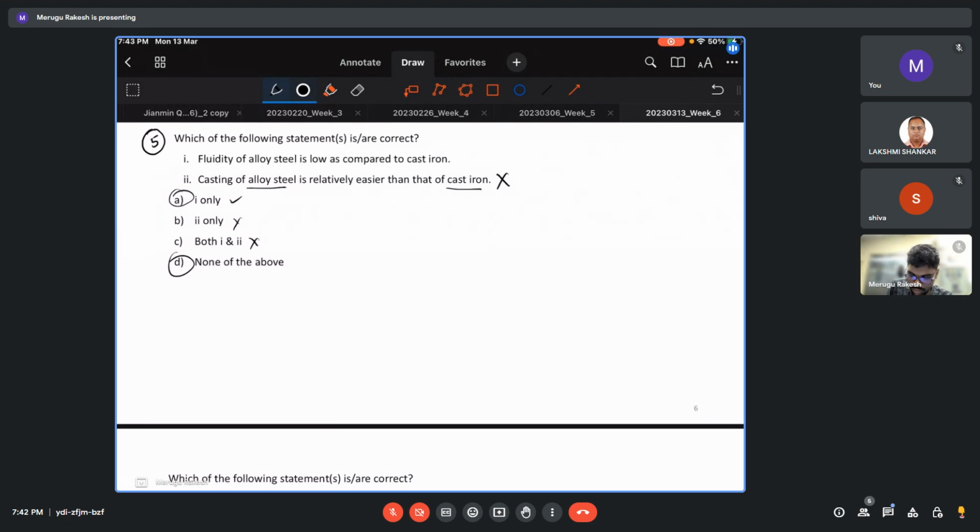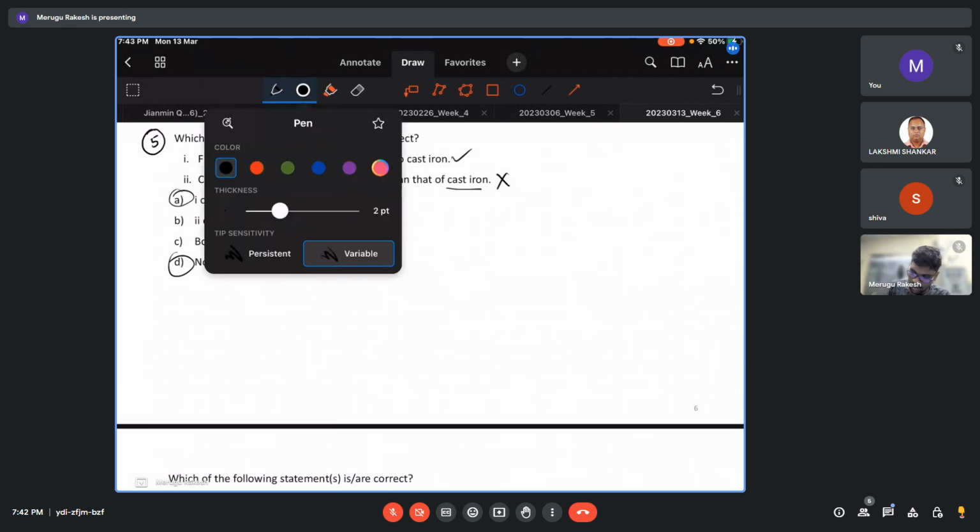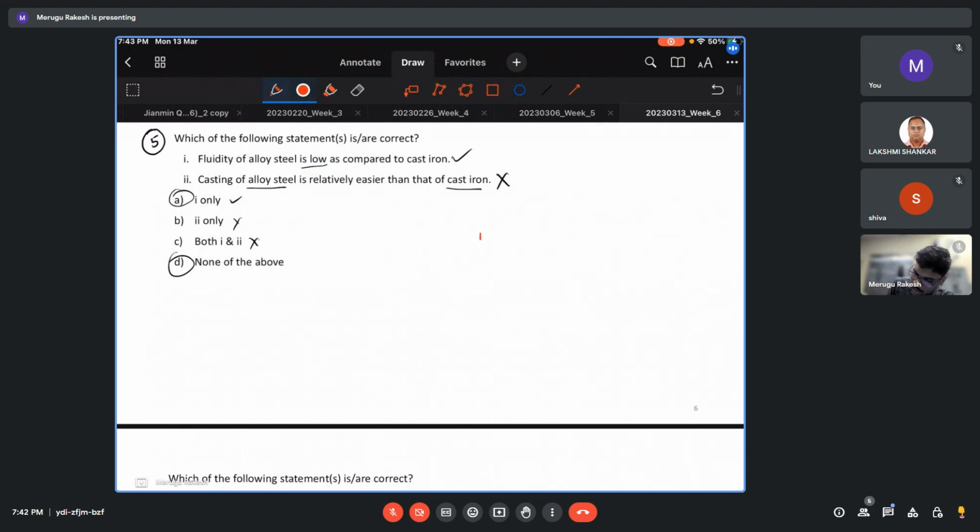That is the reason the fluidity of steel is low when compared with cast iron. Finally, one formula you can blindly follow is that fluidity is directly proportional to the pouring temperature at the superheat and inversely proportional to the freezing range.